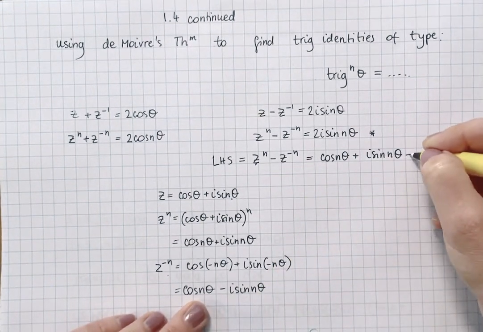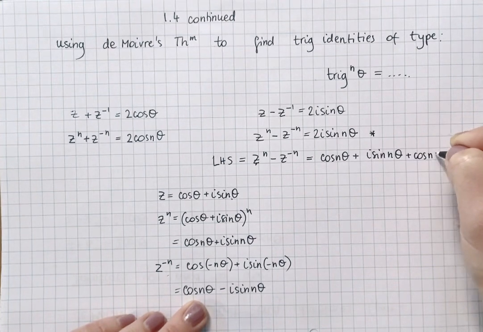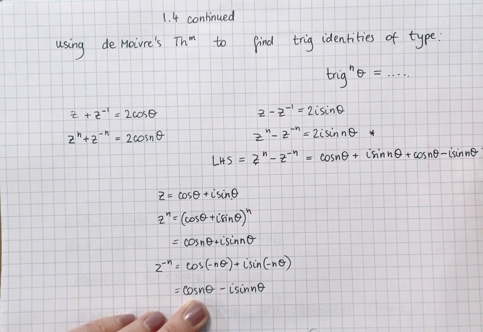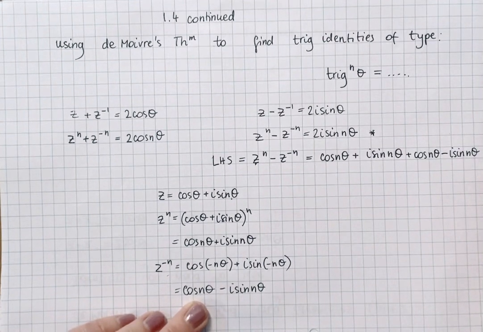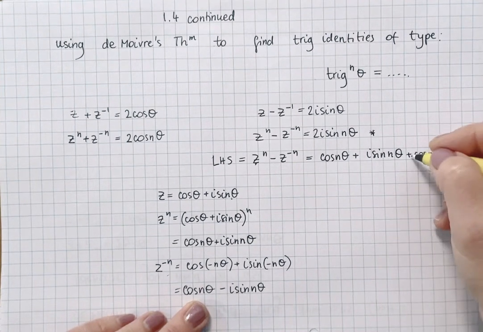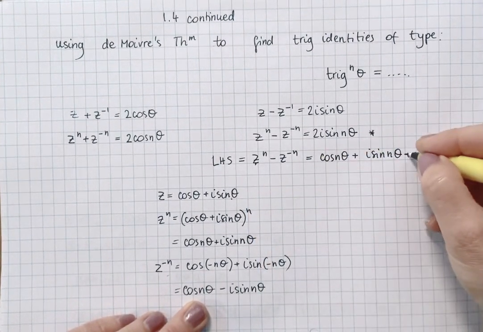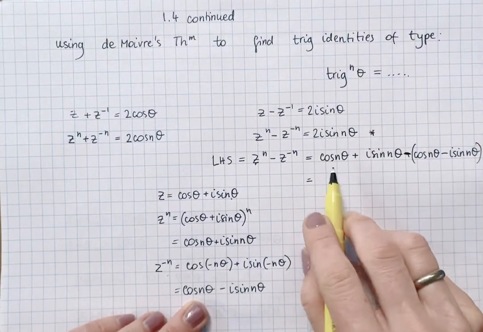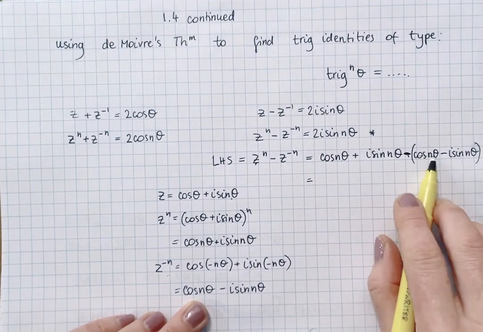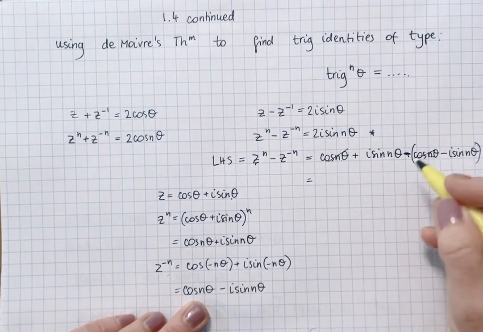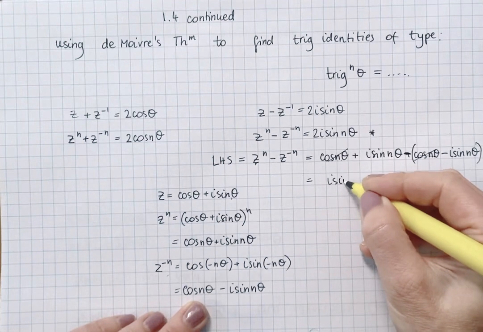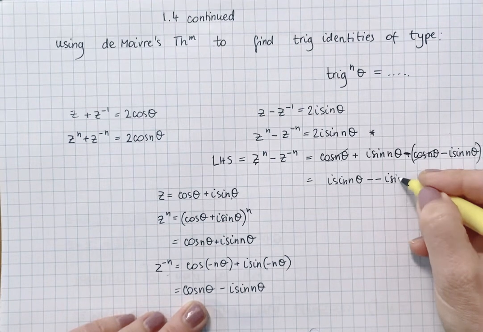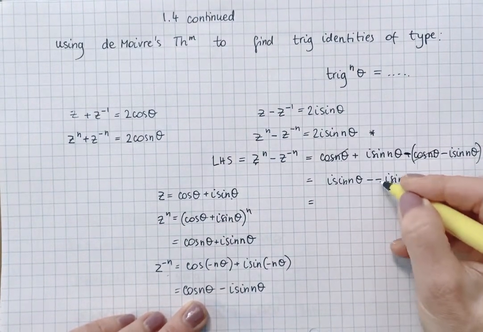We take cos n theta minus i sine n theta and subtract it. The cos n theta terms cancel, and you'll be left with i sine n theta minus negative i sine n theta, so it goes to a plus.